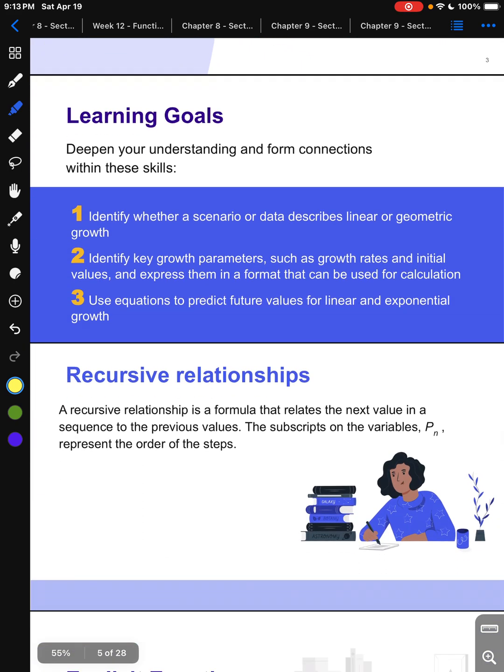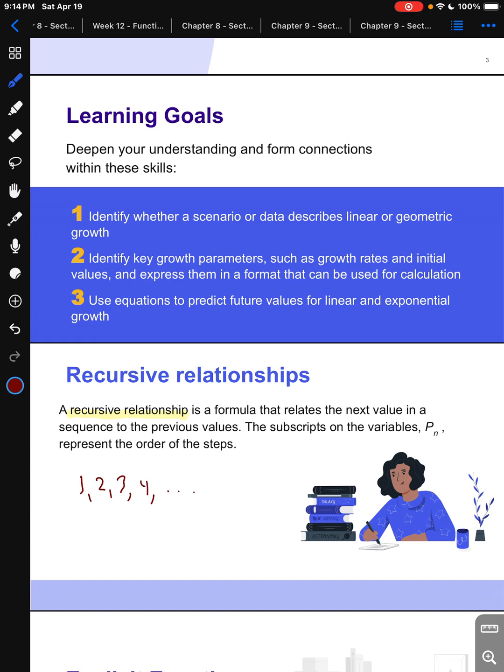Here's some definitions. Recursive relationships. A recursive relationship is a formula that relates the next value in a sequence to the previous value. The subscripts of the variable p sub n represent the order of the steps. So an example might be the sequence 1, 2, 3, 4, and go on forever and ever.